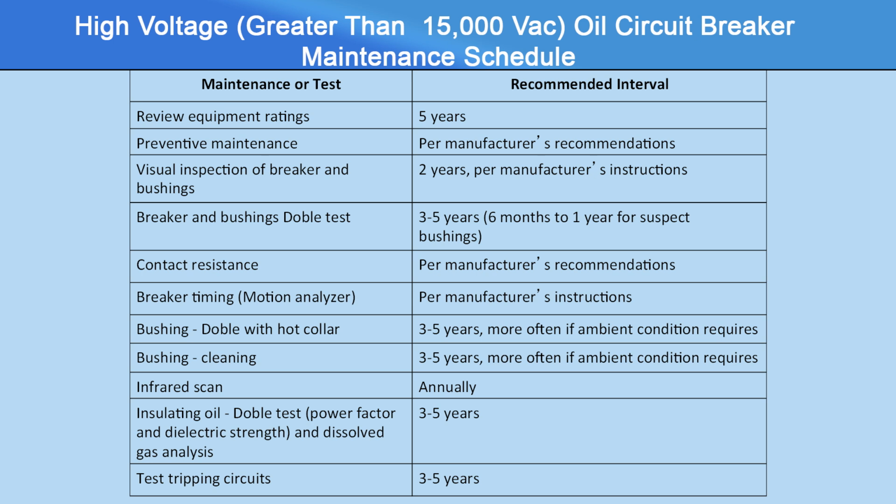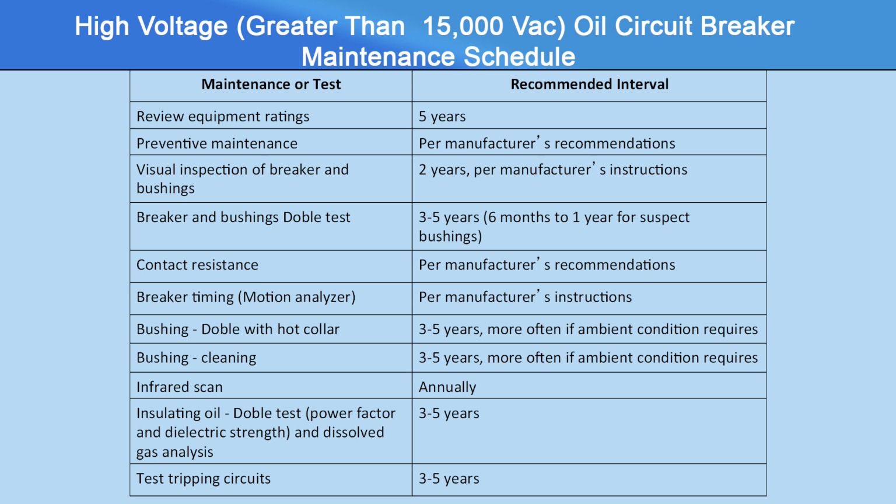Next is breaker and bushings dielectric test, which is performed between 3 to 5 years. Next is contact resistance, which is performed as per manufacturer's recommendations. Next is breaker timing by motion analyzer, which is performed as per manufacturer's instructions. Next is bushing, that is dielectric with hot collar, performed every 3 to 5 years.